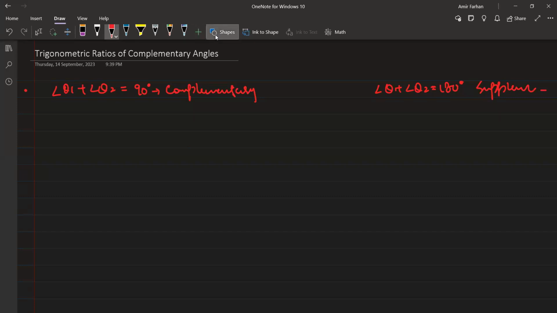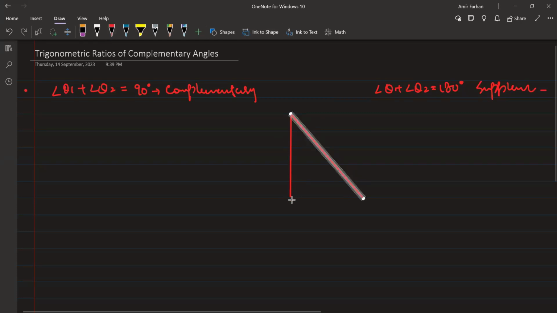Suppose, Adil, this is a triangle. Right angle triangle means? Adil, what is a right angle triangle? Whenever one angle is 90 degrees.